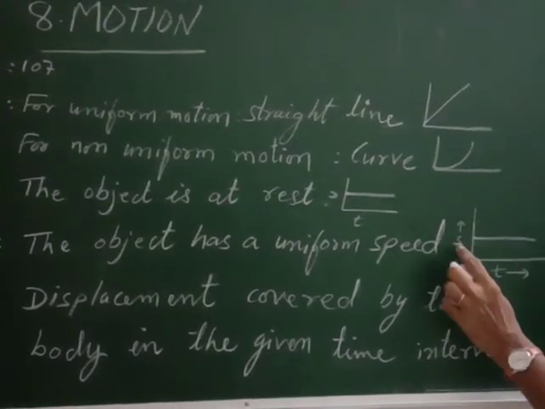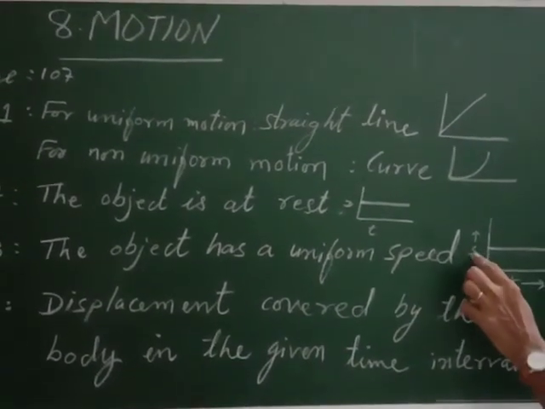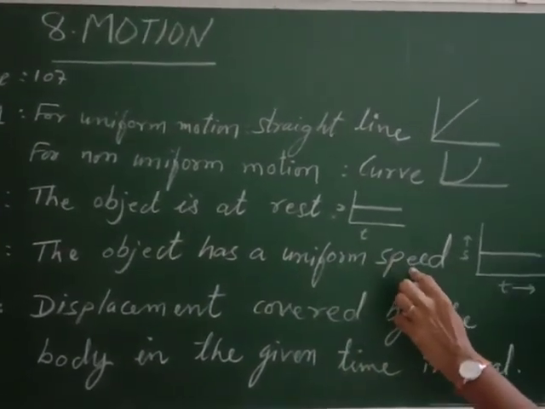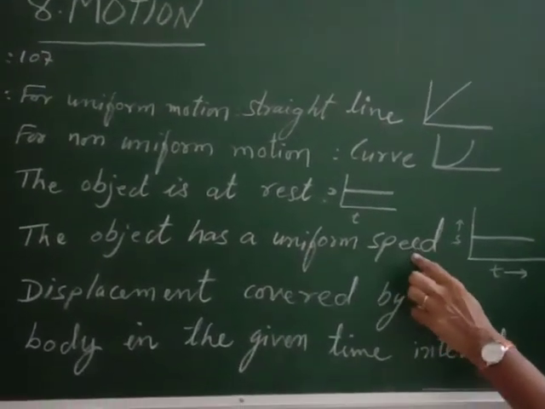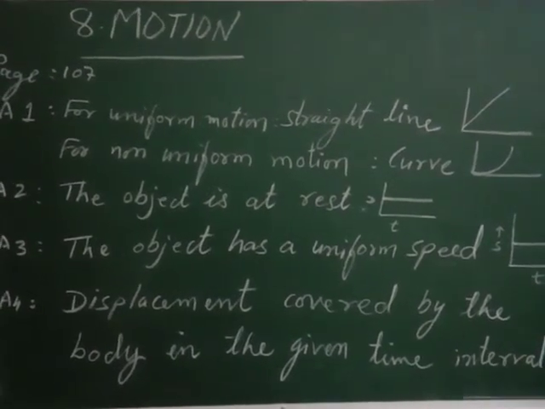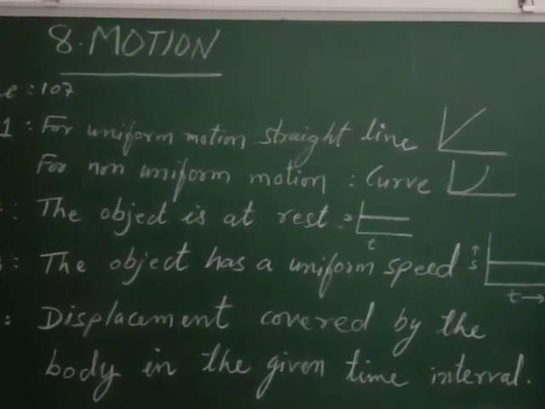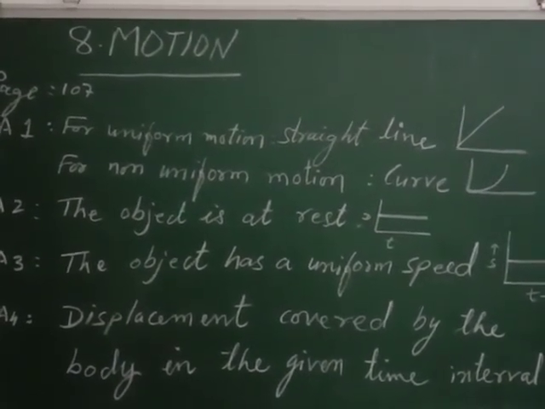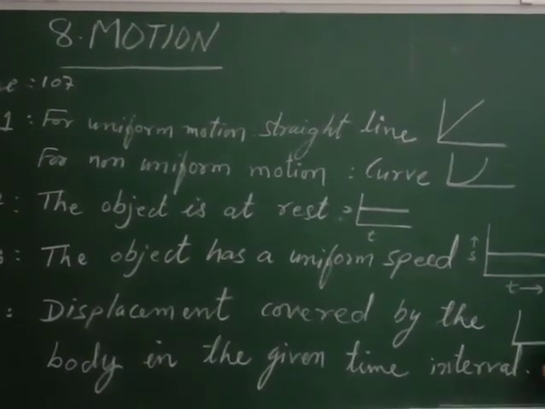Now in the same question, if it is said velocity time graph, then you will write that the object has a uniform velocity. But it is a speed time graph, so we will say uniform speed. Now question number 4. What is the quantity which is measured by the area occupied below the velocity time graph? Okay, now here this is a velocity time graph.